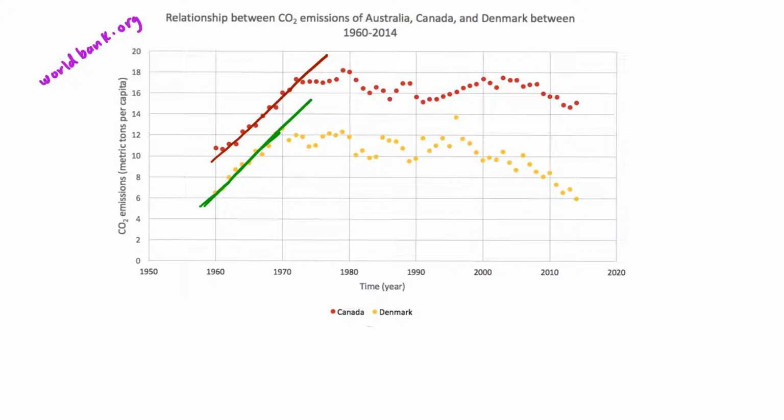Now, you can see a lot of different changes happening between the 1970s and approximately 2000. For Canada, if I were to draw a line of best fit, the trend is very similar, it's pretty static. Nothing is really changing during these years.